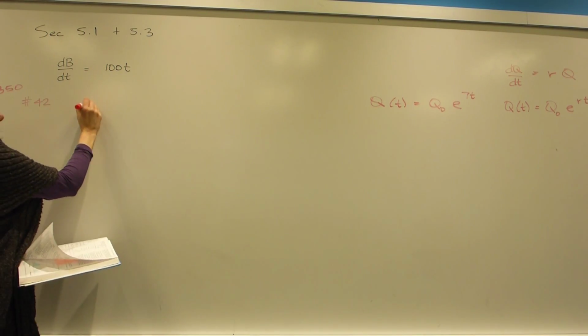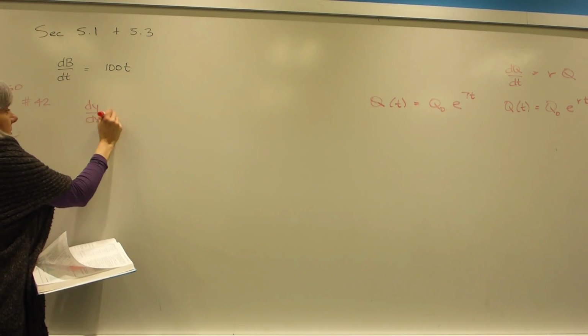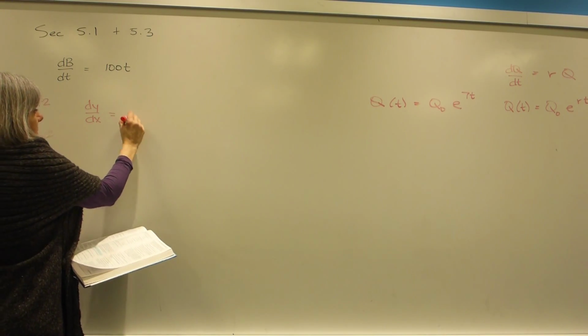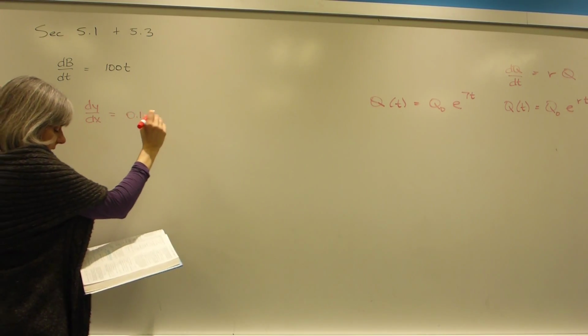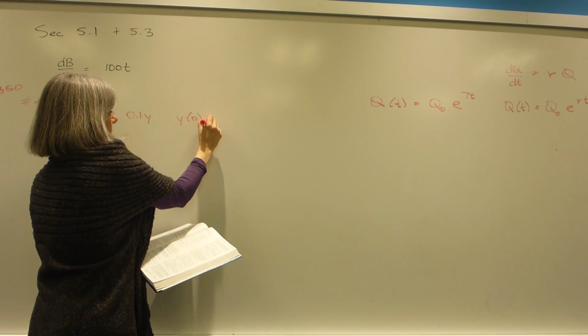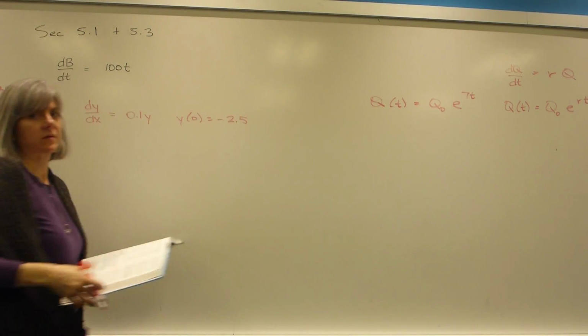So we have dy dx equals 0.1y, and I know that y of 0 is negative 2.5.